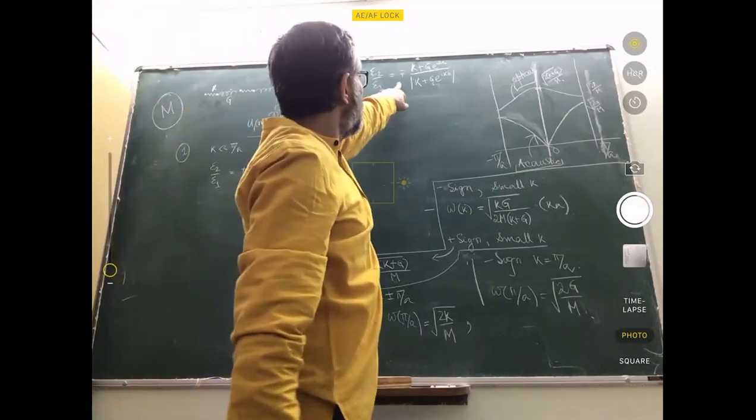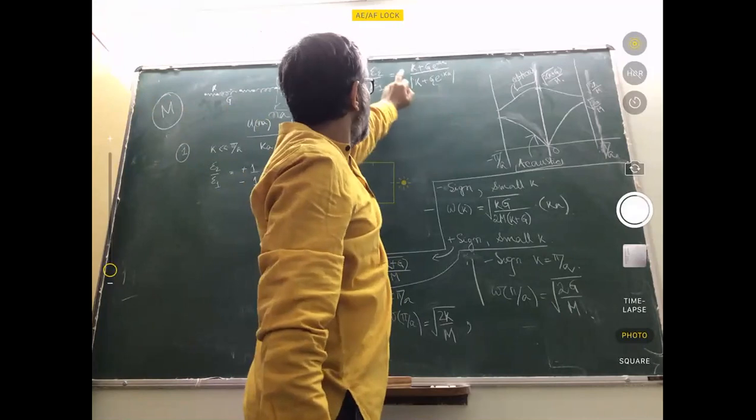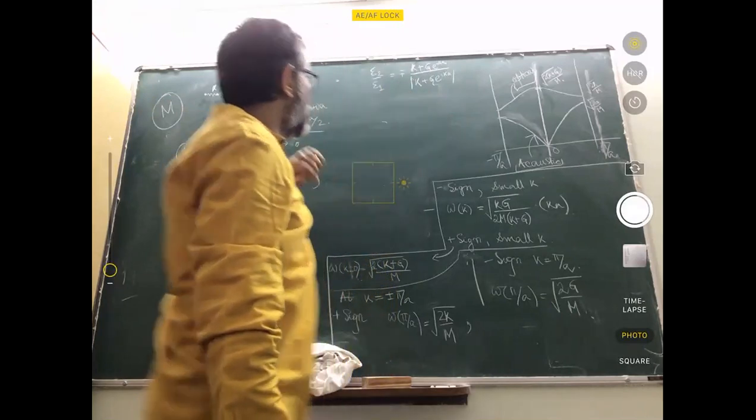So this plus or minus 1 is simple. You just put k equal to 0 and you get +1 or -1.